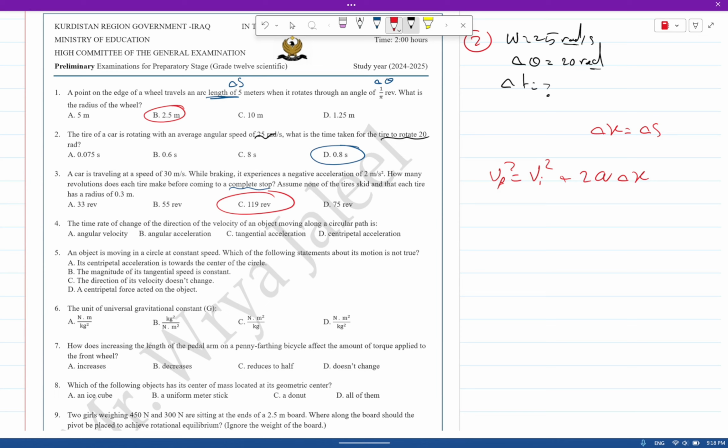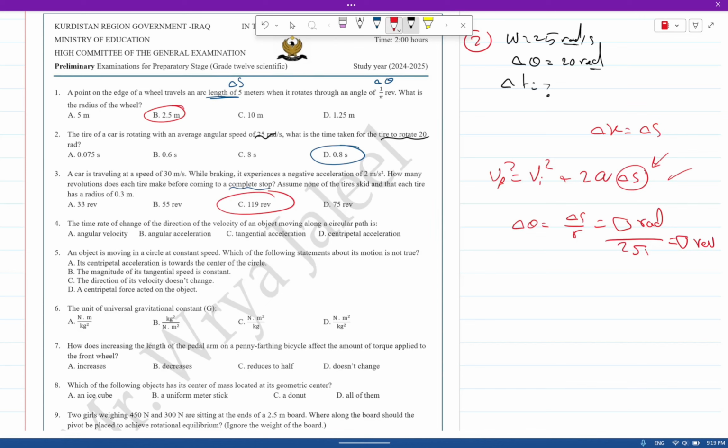But instead of delta x, I can write the arc length in here. So you can find the arc length. Once you do that, delta theta is equal to arc length divided by the radius. You'll find the answer in radian. But then after that, you divide by 2 pi to get the answer in revs. Most of the time for my students, I'll do this method because it has fewer steps, but you have to be careful here so that you won't be confused.